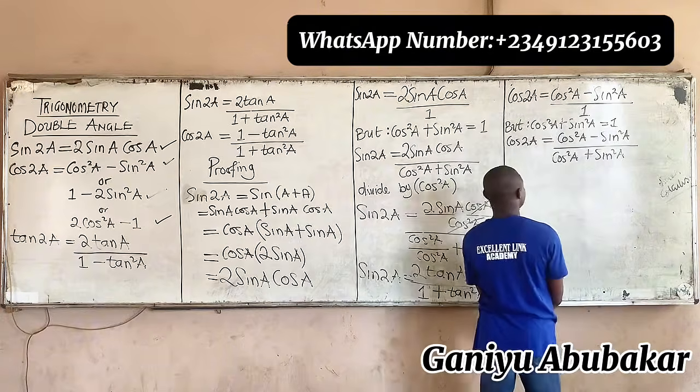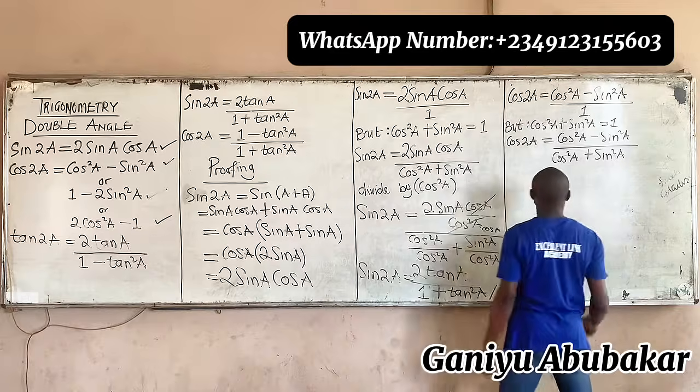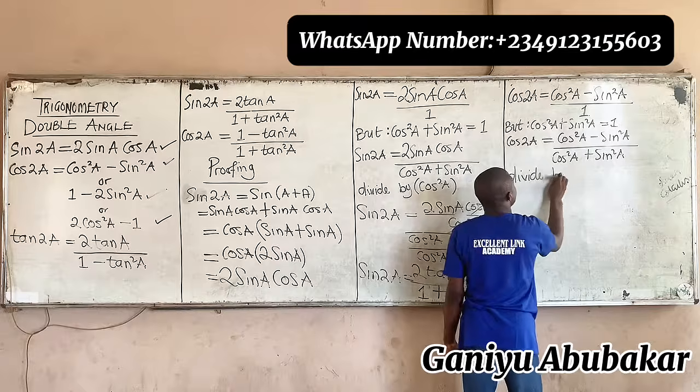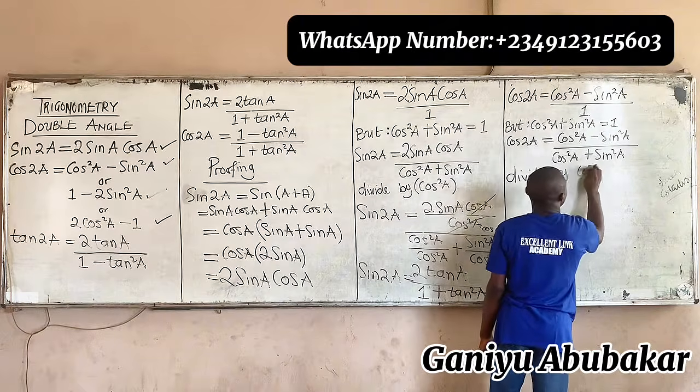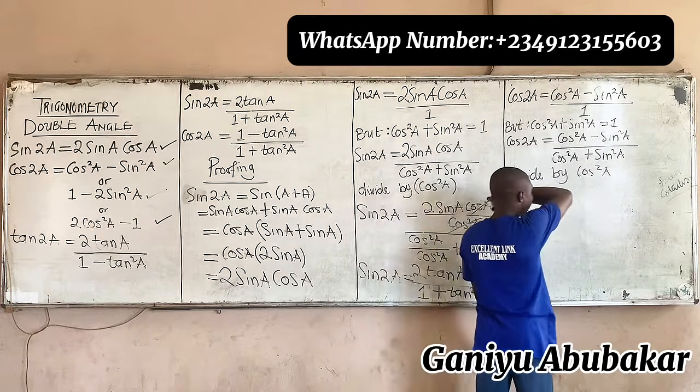I have this here. We said at this point, divide by cos squared A. So what do I get from here?